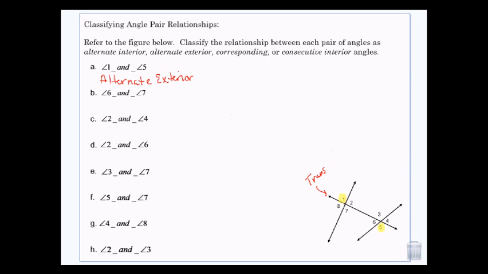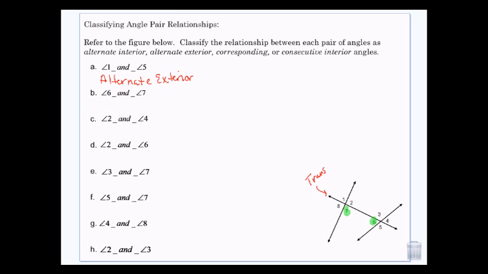Okay. It's too small. Too big, too small. Okay. If I want to look at 6 and 7, they're on the interior and they're on the same side. So those are consecutive.